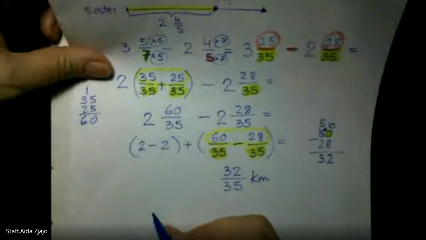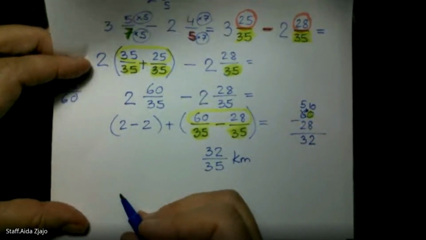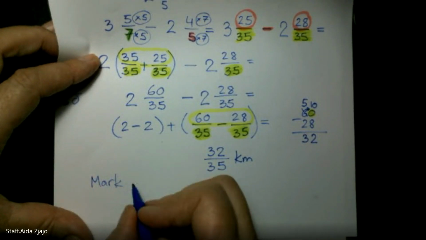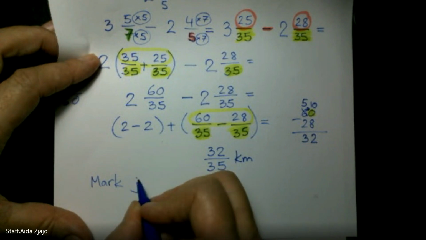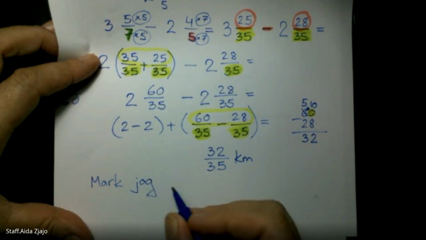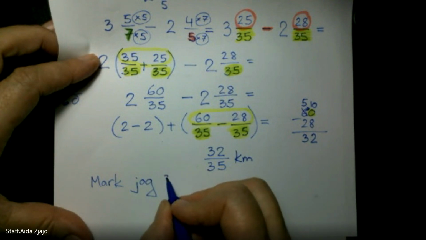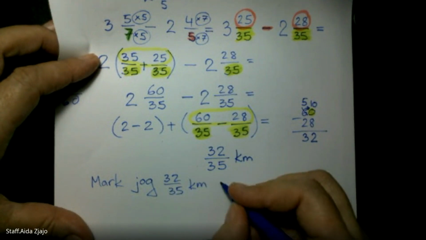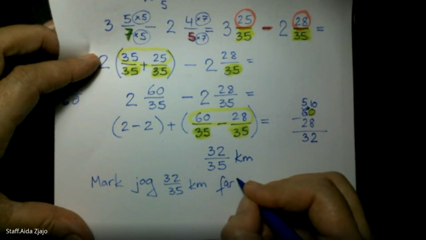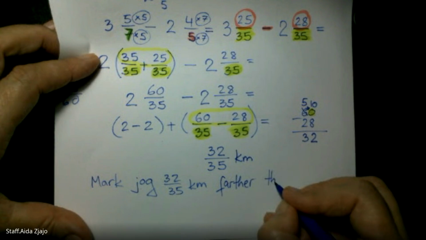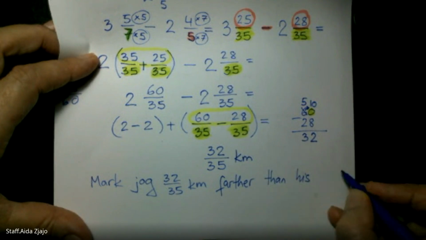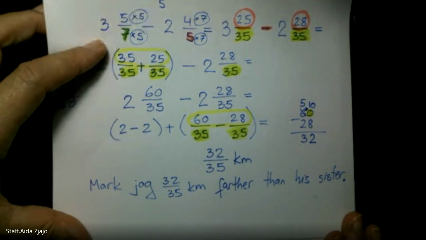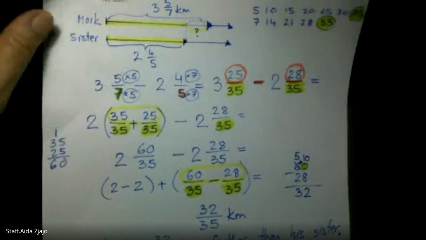Mark jogged 32 35ths kilometers farther than his sister. And this would be our final answer.